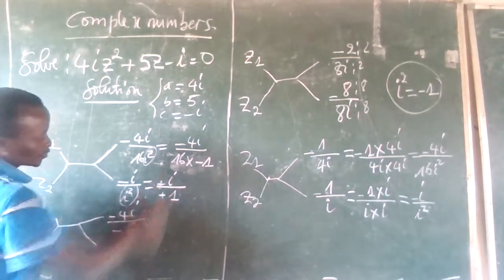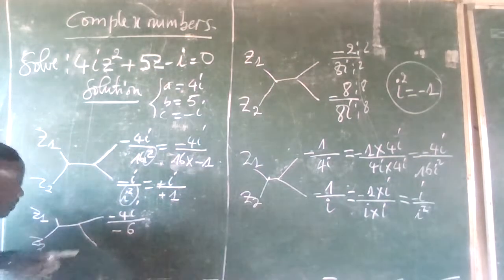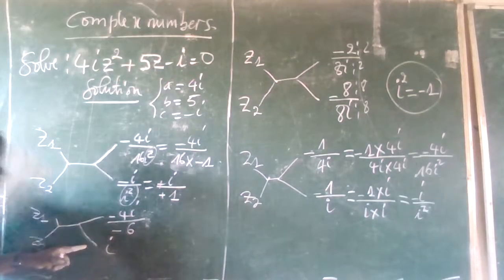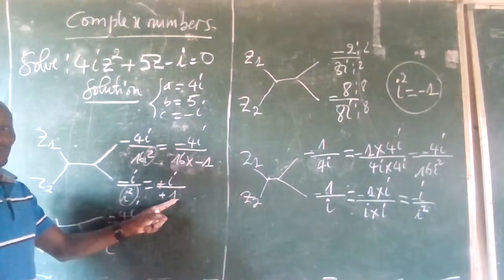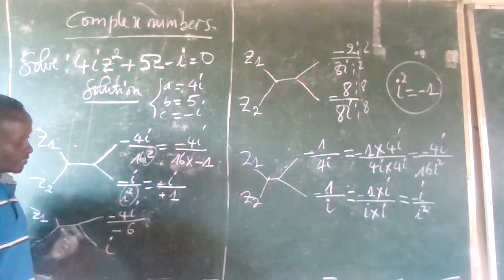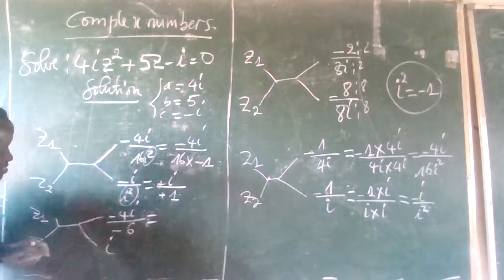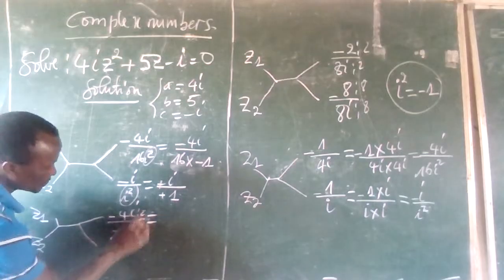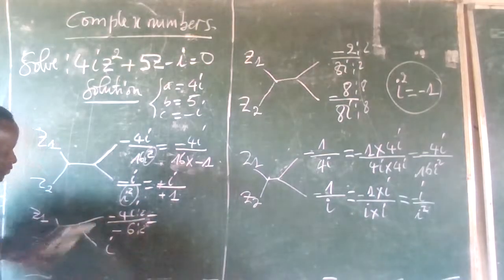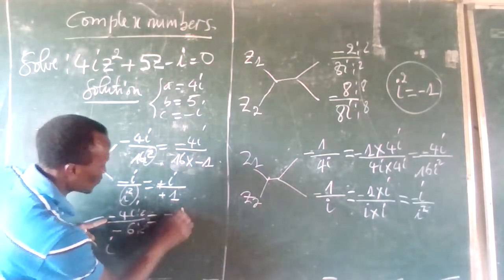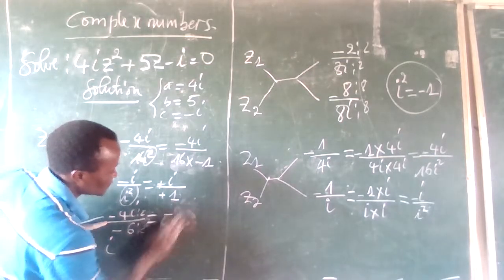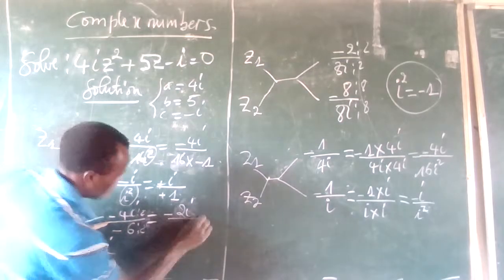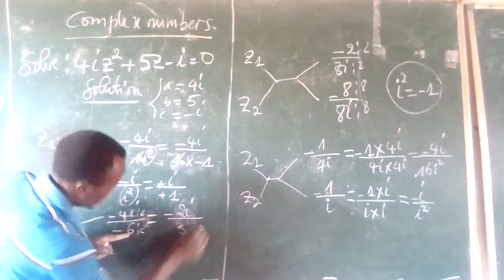Now this will equal positive, we remain with i. It is i over 1, which is equal to i. Now here we remain, simplify by 2, remaining with minus 2i over this 3.